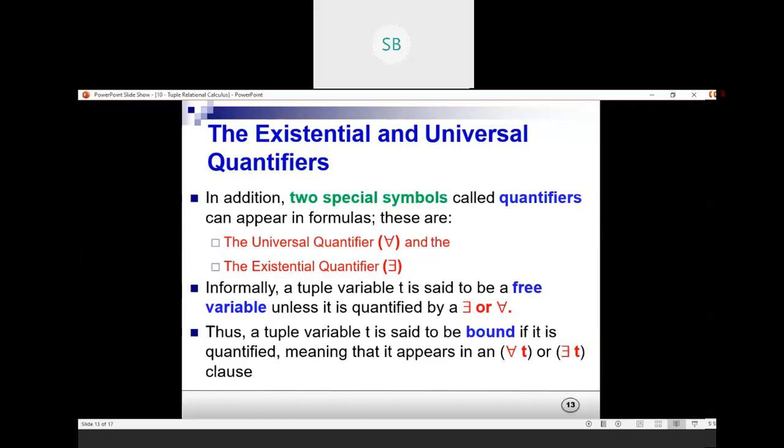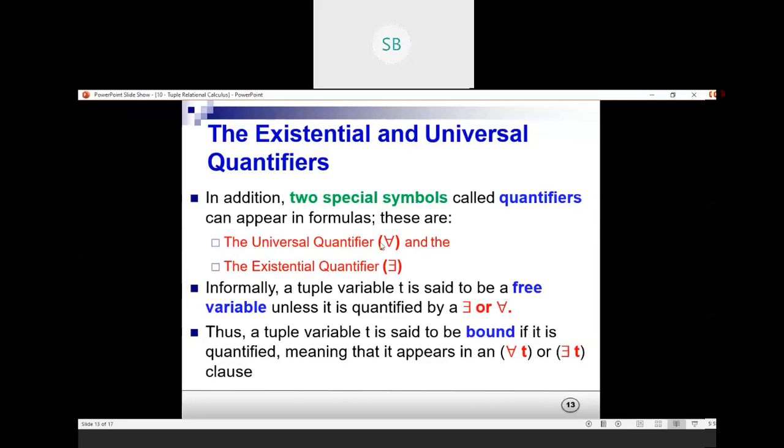In simple language, the universal quantifier means "for all". I think you have studied this in mathematics, in calculus. And the existential quantifier, you can read the E as "there exists".